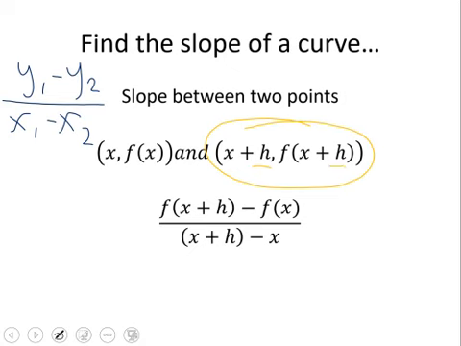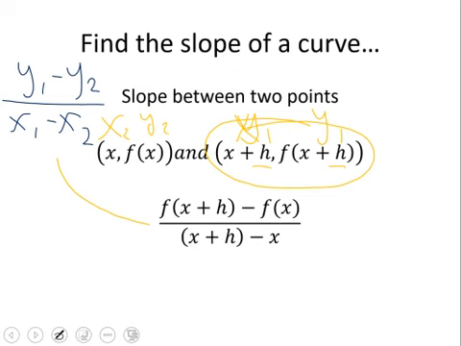Now when we look down here, f of x plus h minus f of x all over x plus h minus x, this is just your slope formula. These are exactly the same. This is your x1, y1. This is your x2, y2. It's the exact same thing, just written a little differently with our notation.